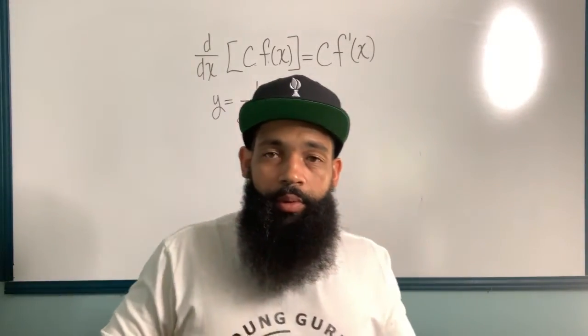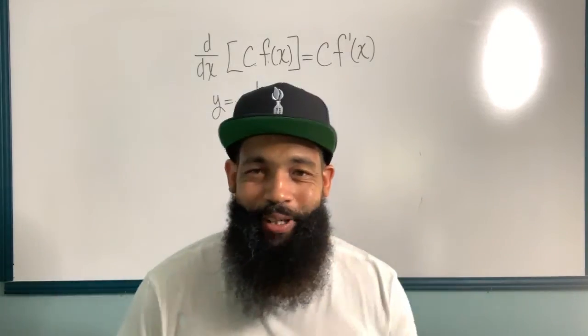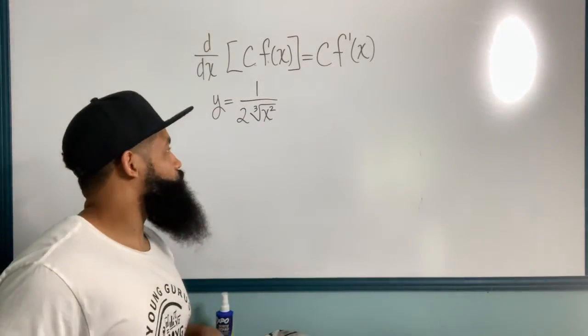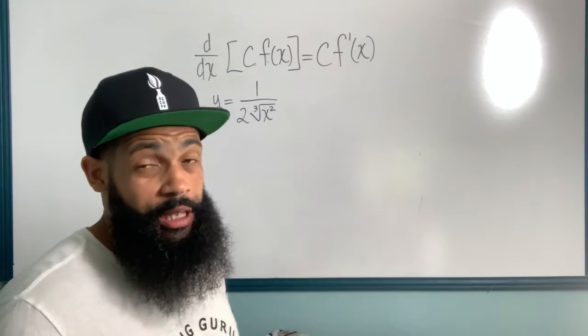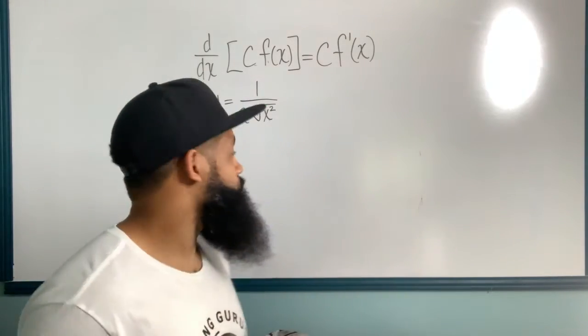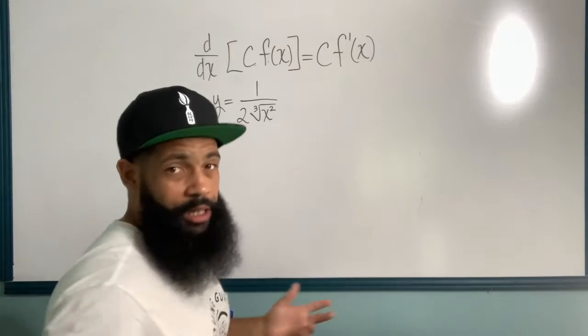Final example, we're going to get down to the nitty gritty. All right, so I have y equals 1 over 2 times the cube root of x squared. The first thing you need to do in order to find this derivative is we want to rewrite it in exponent form.